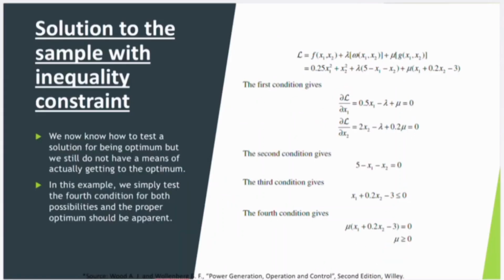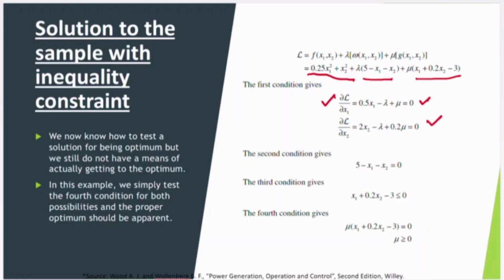All right, so you can take one numerical example. For example, this is my objective function, this is my equality constraint, and this is the inequality constraint. So instead of lambda, I have added one more variable, that is mu. Okay, so the first condition with equality and inequality constraints is that dou L upon dou x1 must be equal to 0, and dou L upon dou x2 must be equal to 0.